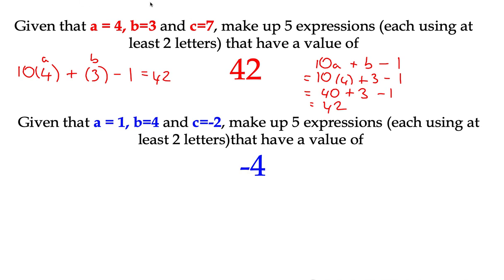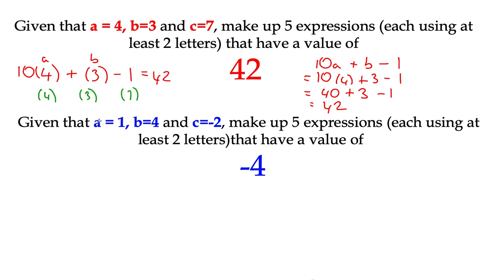Okay, I'll try another one. Let's use B and C. Let's try and use all 3. I'm just giving you some examples here. If you're happy about it, just go on and do it. Let's say we've got 4 and 3 and 7.